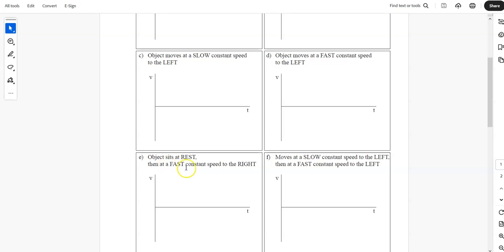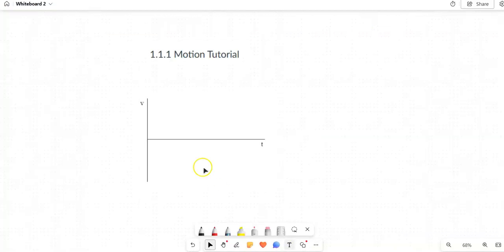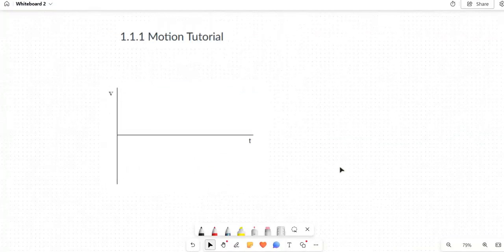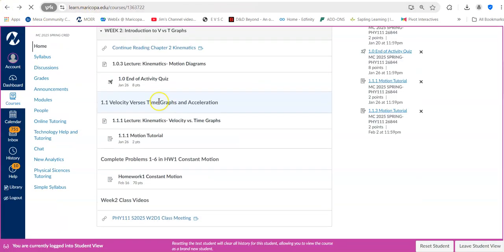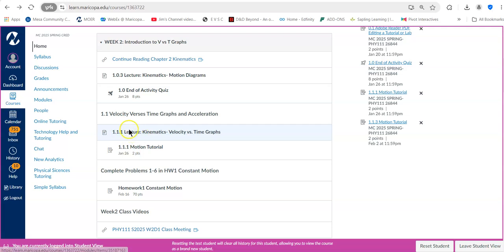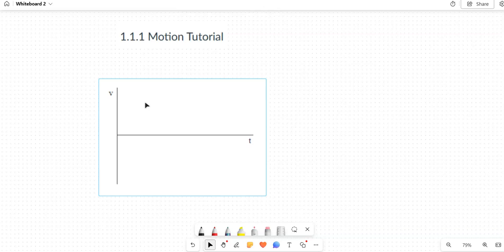We're also going to talk about objects at rest. Okay, so that's another type of motion. So all 5 of these types of motion you kind of have to know. So let's do a real quick summary. And again, just for the sake of understanding this, all of this can be found in 1.1.1 lecture on velocity versus time graphs. Okay?